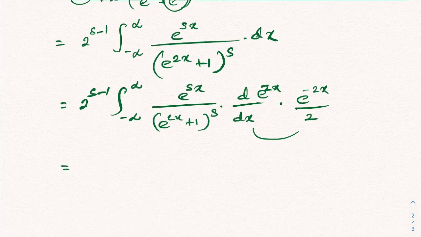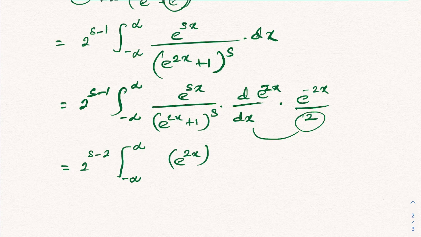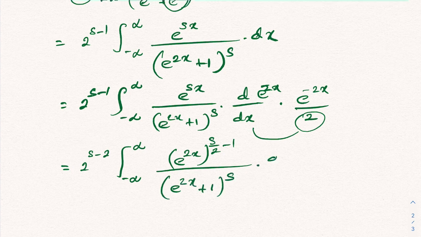Okay, then we can simplify a little bit. So here 2 to the s minus 2, integral from minus infinity to infinity. Now we can simplify: e to the 2x raised to the s over 2 minus 1, over e to the 2x plus 1 raised to the s, times d of e to the 2x.